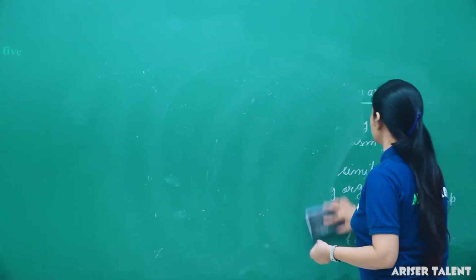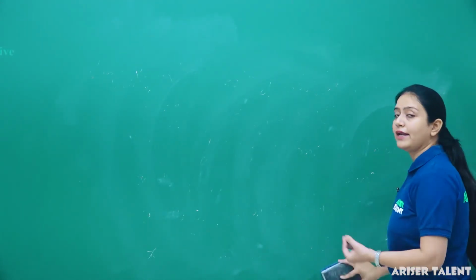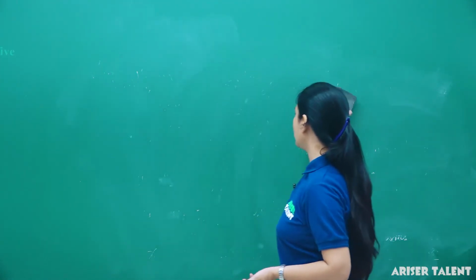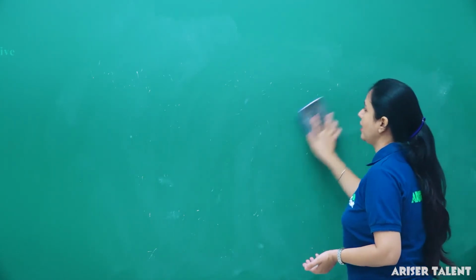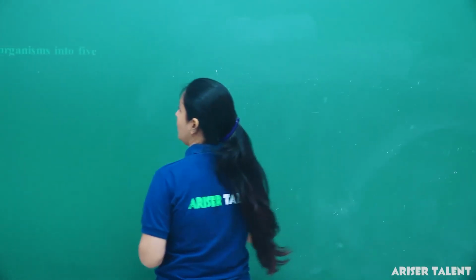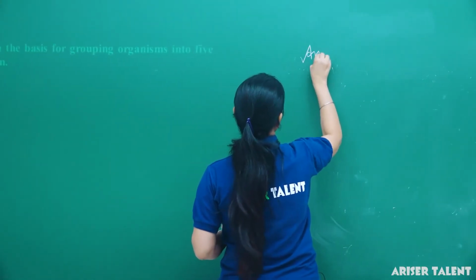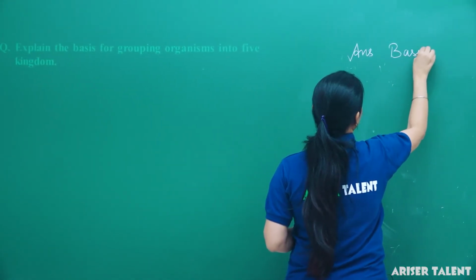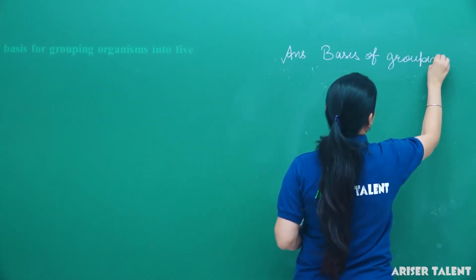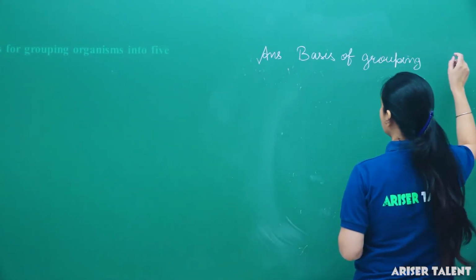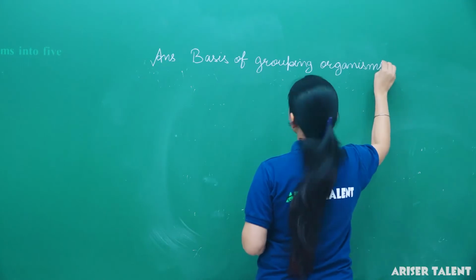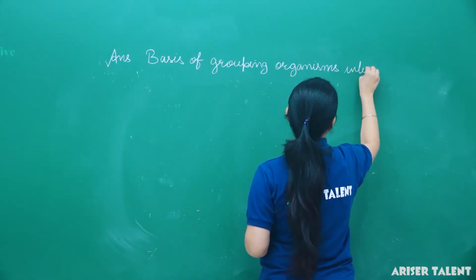So once they are classified into different groups, on what characteristics have scientists classified the organisms into 5 kingdoms?